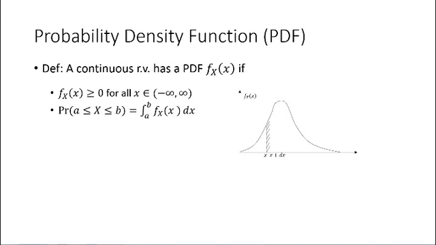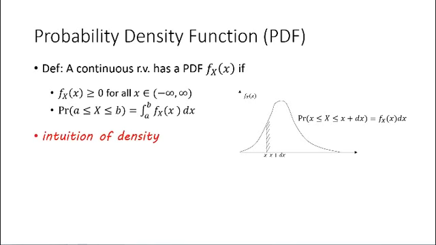If we make the length of the integral interval infinitely small, x to x plus dx, we can think of f_X(x) dx as the probability that X falls within the interval.